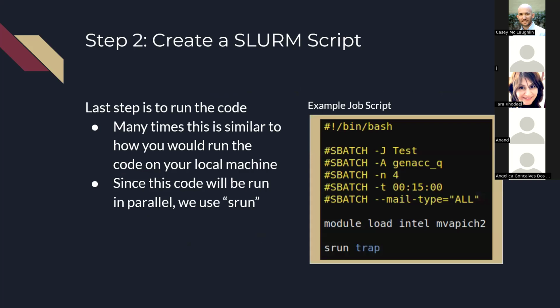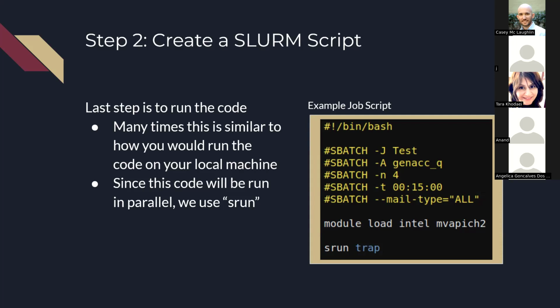Okay, so we talked a little bit already about the module load command. You have to put this in your job script because it's not going to replicate the environment that you have on your computer. So this is kind of just like, here's everything that you need to run my code in a way that I could run it on either the login node or my local computer. We just want to give it as much information as possible.